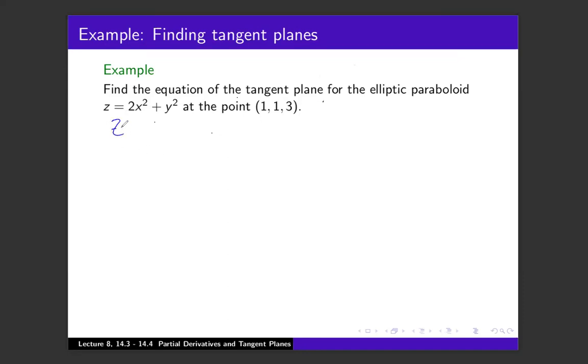We already know that z minus z naught is equal to the derivative with respect to x at (x naught, y naught) times x minus x naught, plus the derivative with respect to y at (x naught, y naught) times y minus y naught.